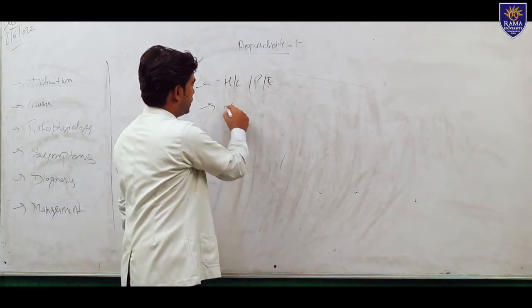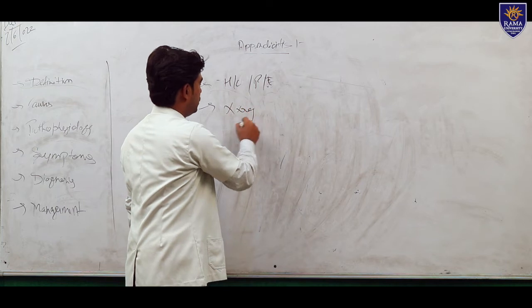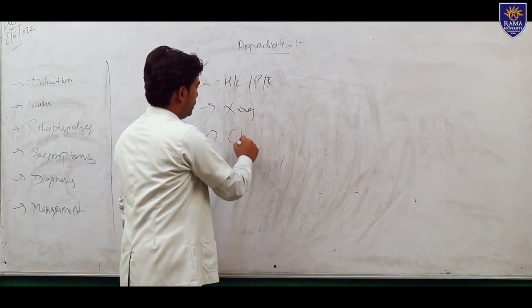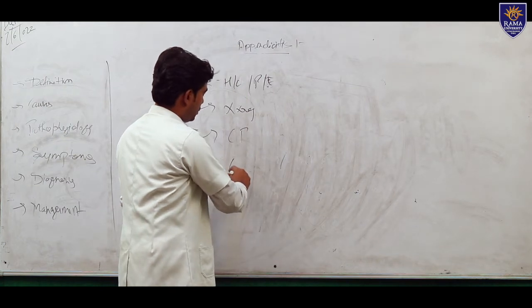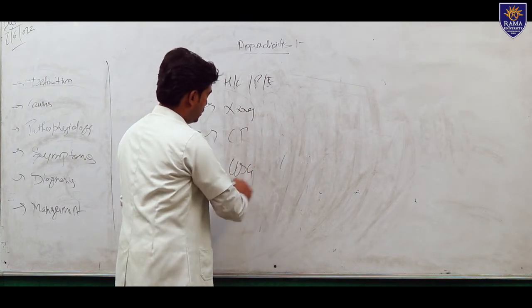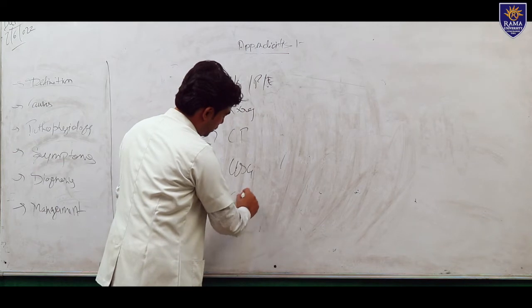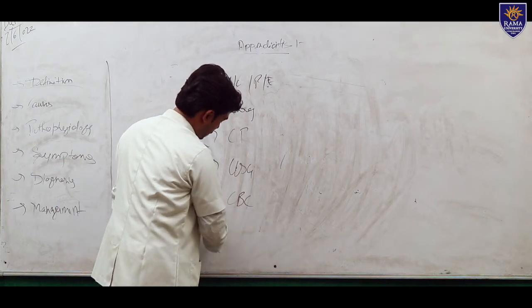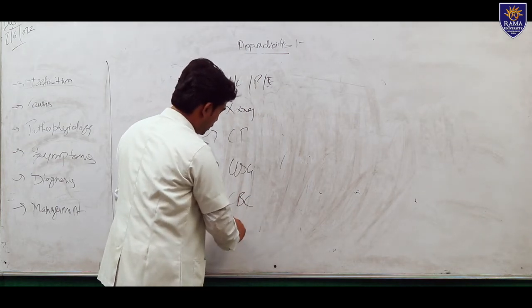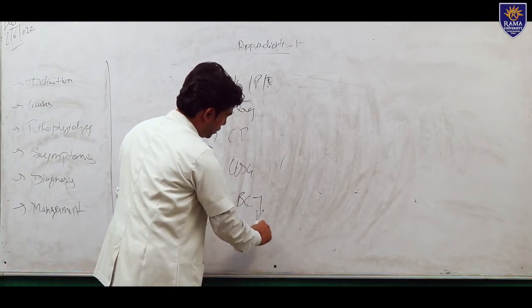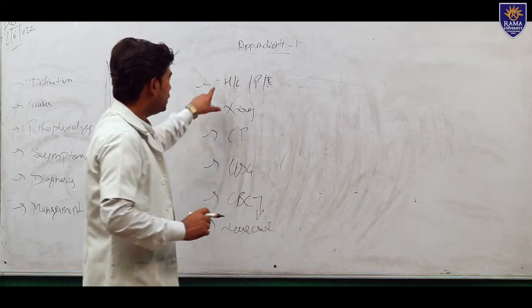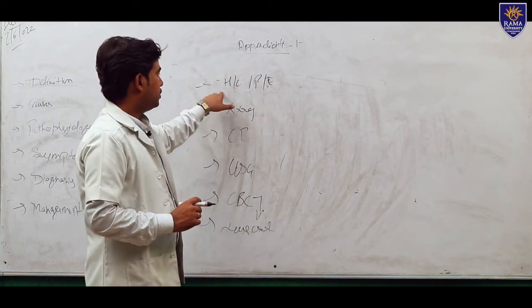Second is X-ray, CT, next USG, next CBC, next leukocyte count, which we will check. These are the diagnostic measures for appendicitis.